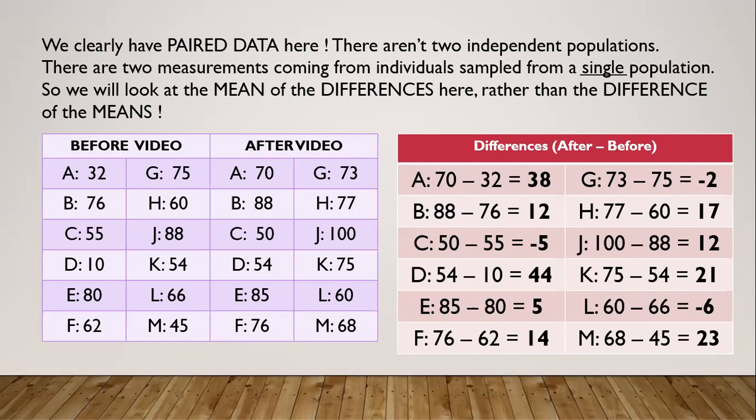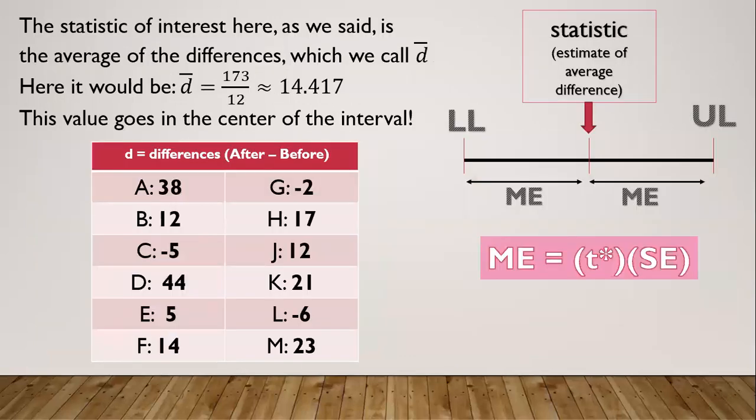What we want to do, though, is to create a confidence interval for how much we think that difference was on average for all of the students in the entire class on the basis of these 12. Let's go and see where this leads us. The statistic of interest, as we said, is the average of the differences, not the difference of the averages. So we're going to compute what we call D bar. D bar here is the average of all those 12 differences.